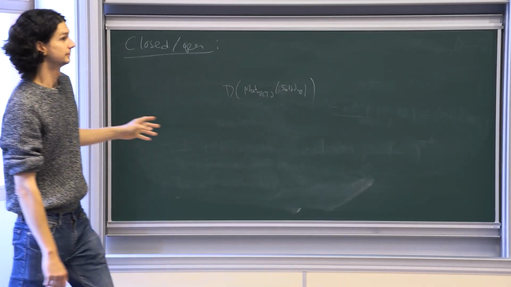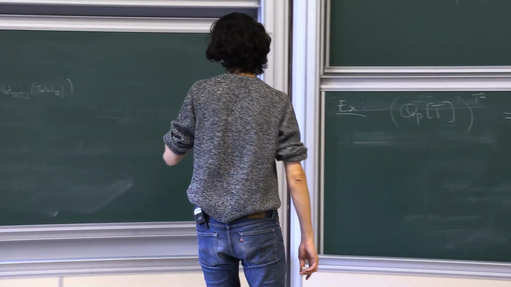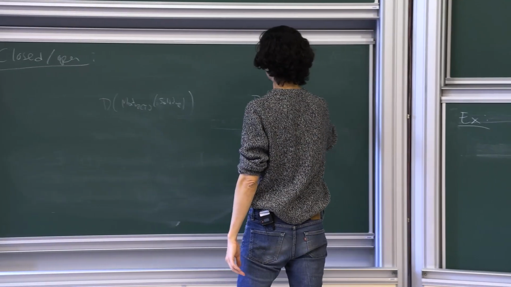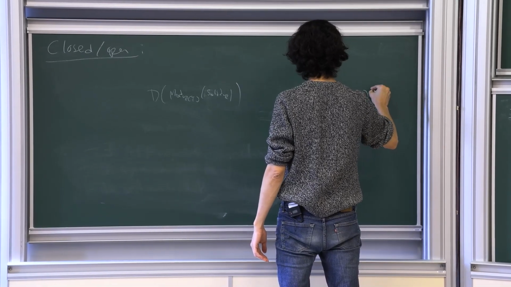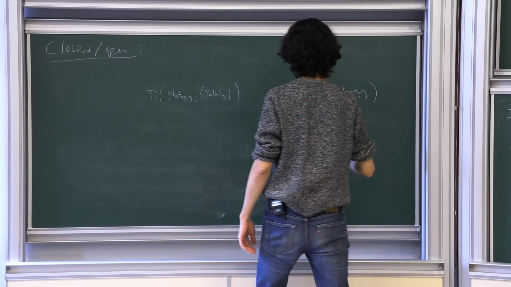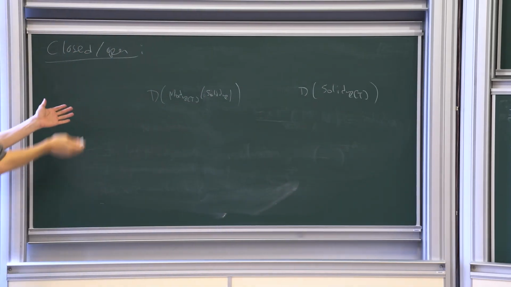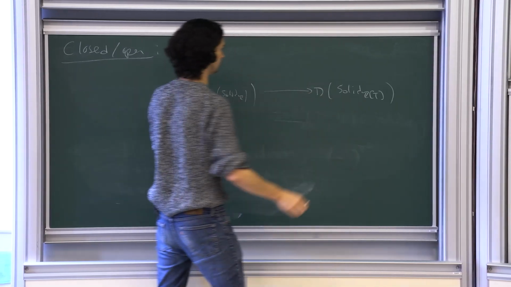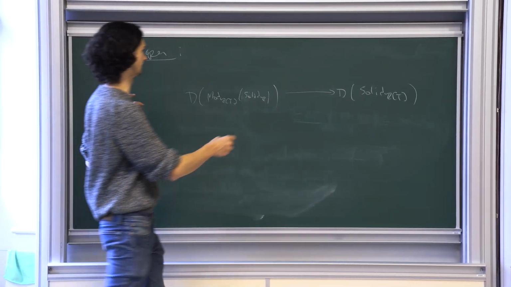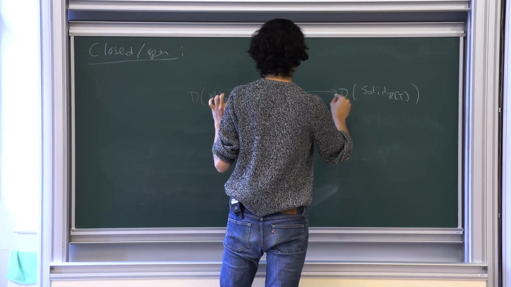But then inside there we had this derived solid. So we had D of solid Z[t]. But actually it's better to think of that as a quotient really, because the symmetric monoidal functor is the derived solidification functor, which goes like this.